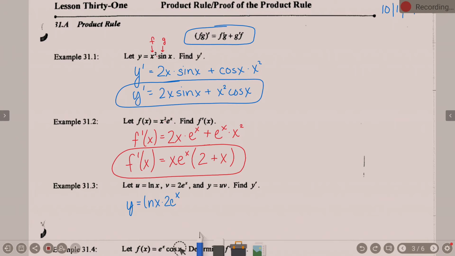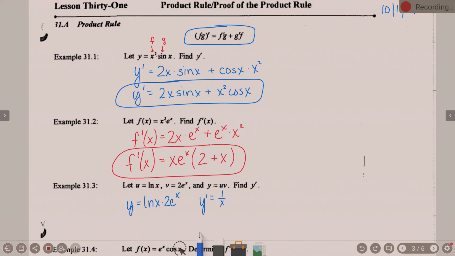So now when I go to do y prime, okay, what are you doing here? Okay, and what is the derivative of natural log of x? Do we remember? 1 over x, good.